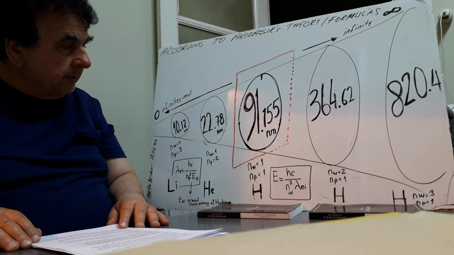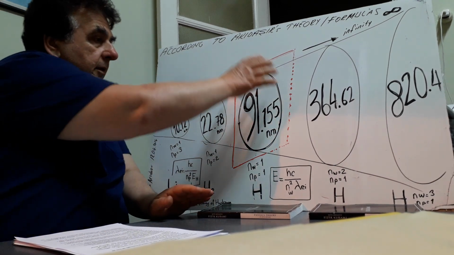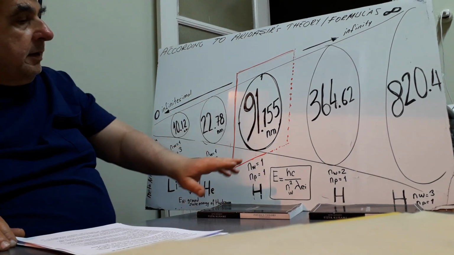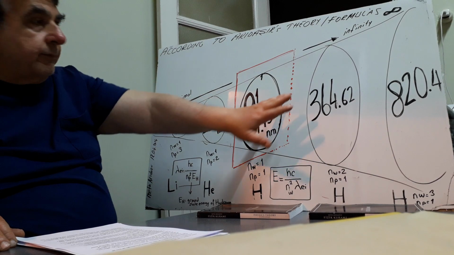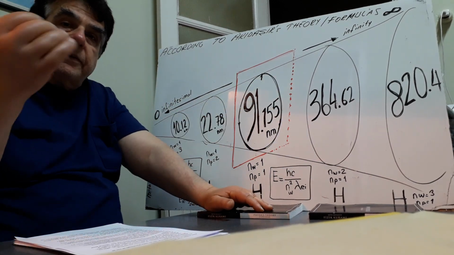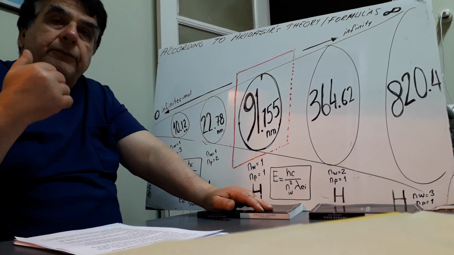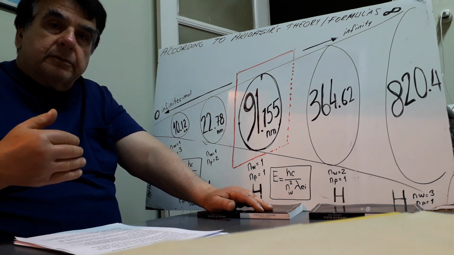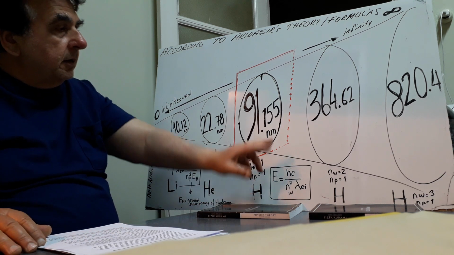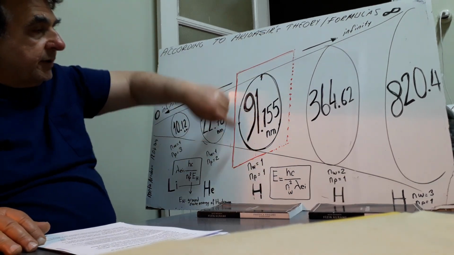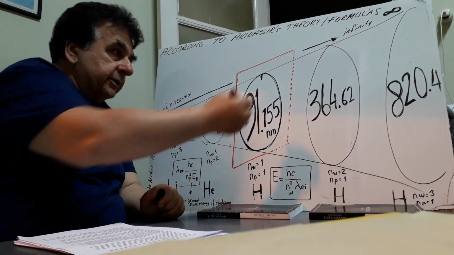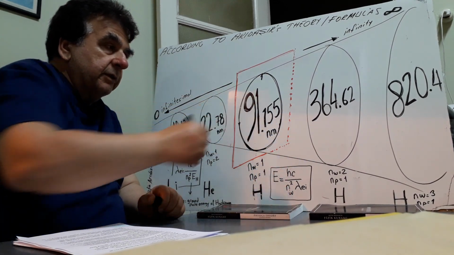And here, by the effects of external free electron motion forms waves, this is hydrogen proton bound electron motion form 91.155.